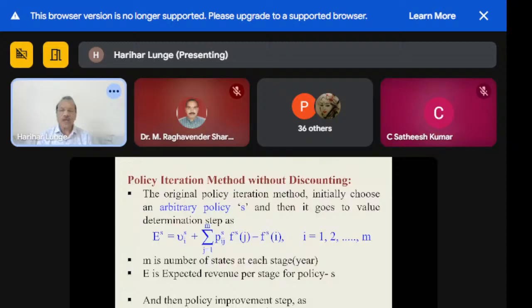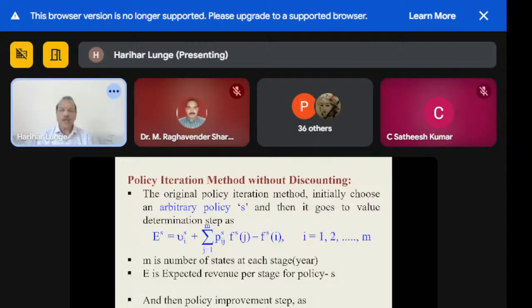Giving many thoughts and observations and by calculations, we propose one slight modification: instead of selecting the policy arbitrarily initially, we select the policy judiciously. We propose to start with the policy using the maximum of V_i^K, where V_i^K represents the expected return from a single transition.